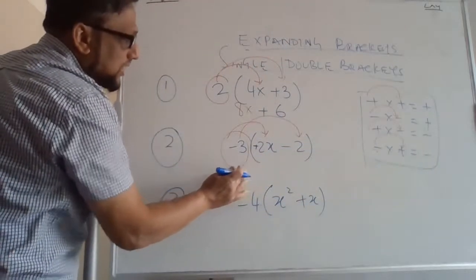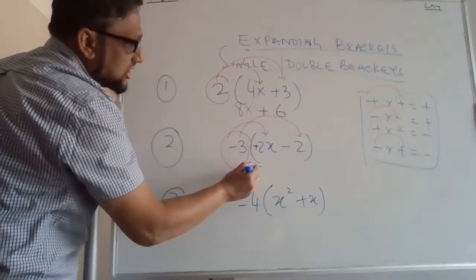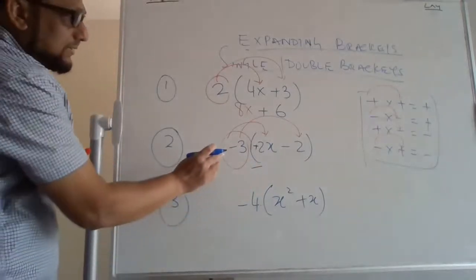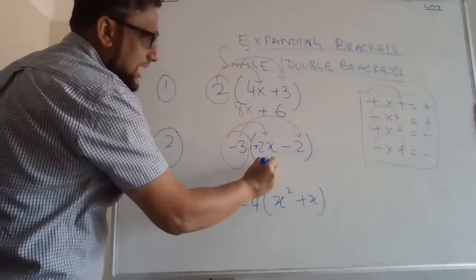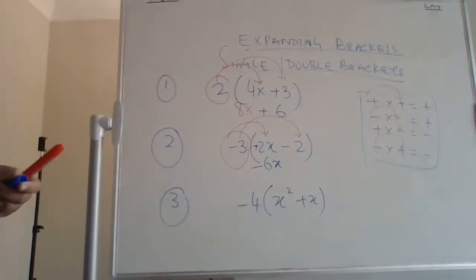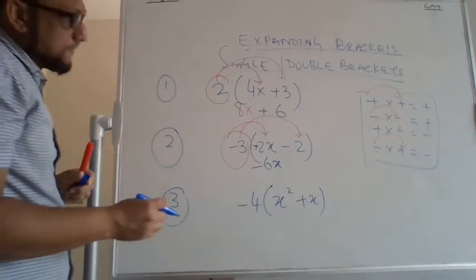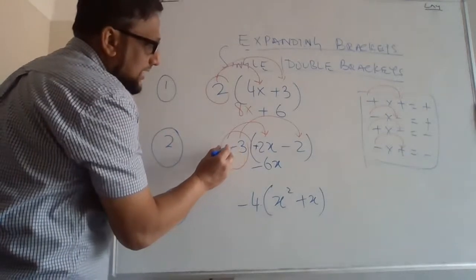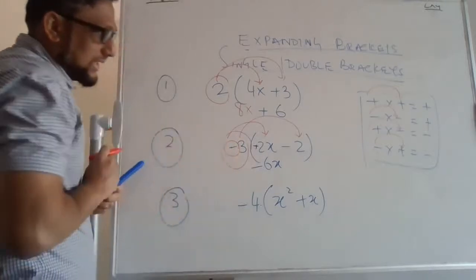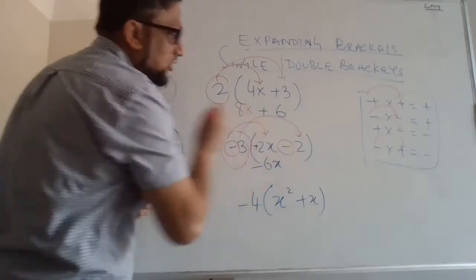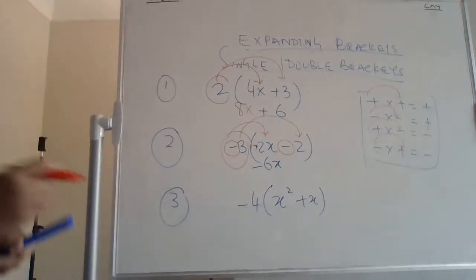So the first step is the sign is changed to minus, and 3 times 2 is 6, and x coming as it is, x. And the second thing, look at this minus. Now it has a minus sign, and this 2 also has a minus sign.